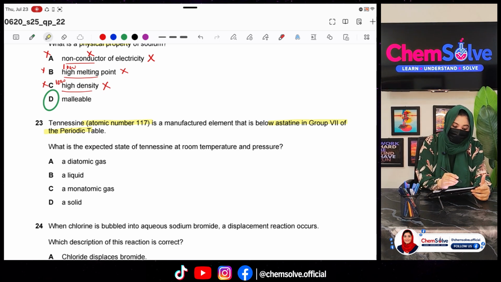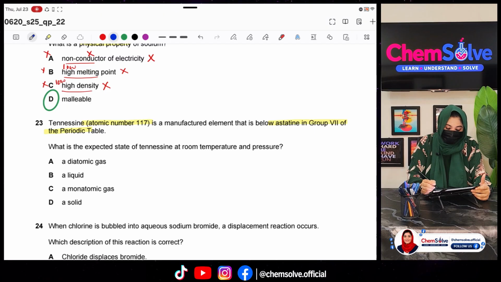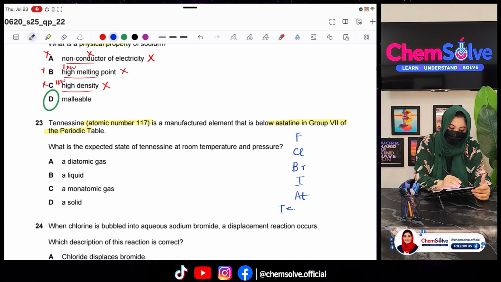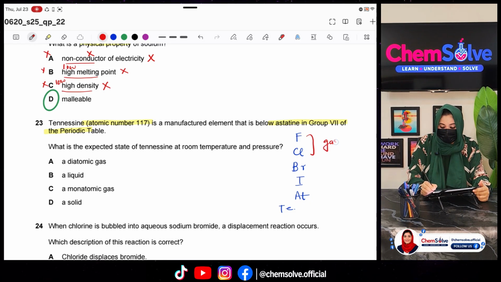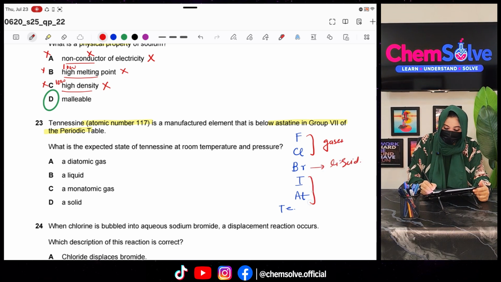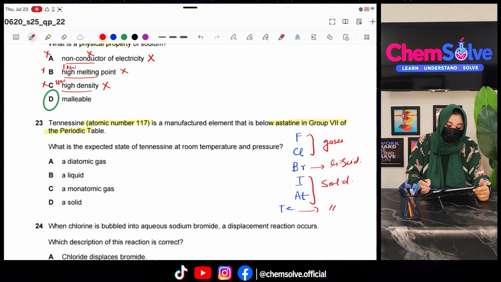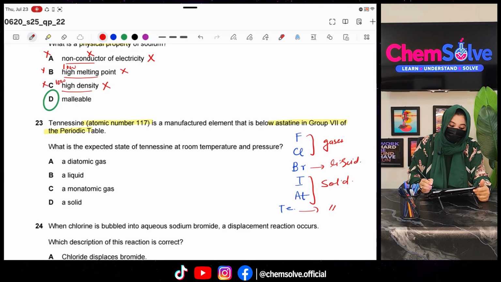Okay, so if we look at group 7, first one is fluorine, then chlorine, then comes bromine, iodine, astatine, and then this one, tennessine. So these two are the gases. This one is liquid and these are solid. So it should also be the solid. So I think the correct option is D, but look at the other options as well.